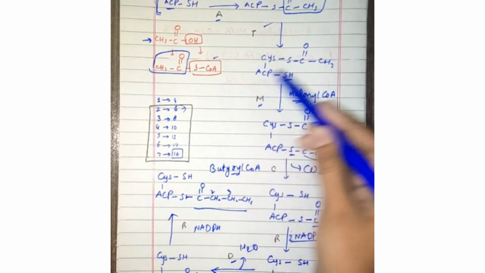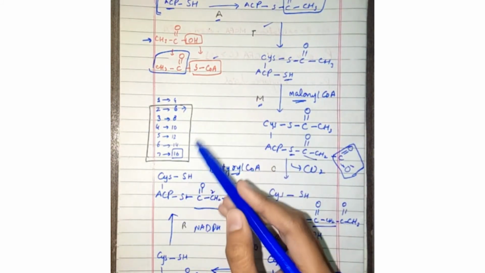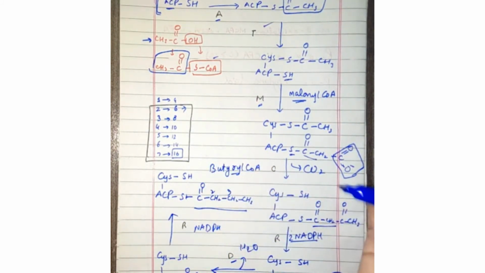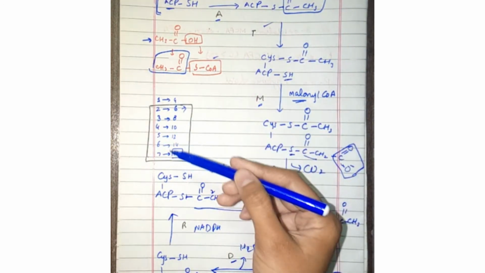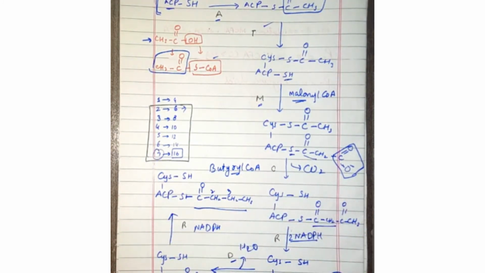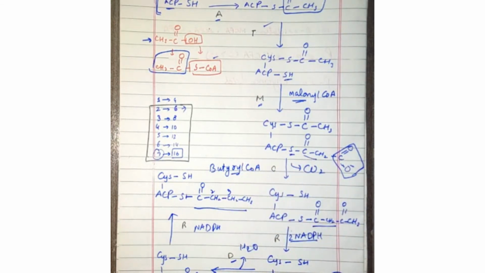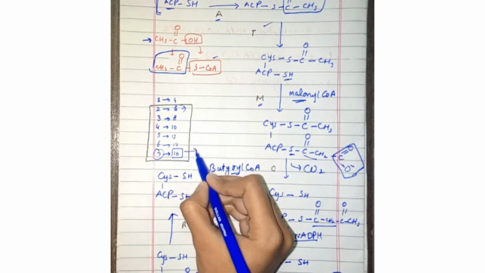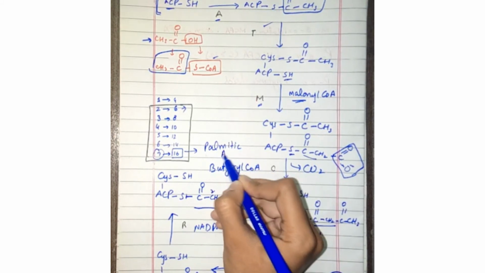For the third time, when the cycle repeats itself, there will be formation of an 8 carbon fatty acid, and the fourth time a 10 carbon fatty acid, and so on. When the pathway repeats itself for the 7th time, you will see the formation of a 16 carbon fatty acid, and that structure is simply called palmitic acid.